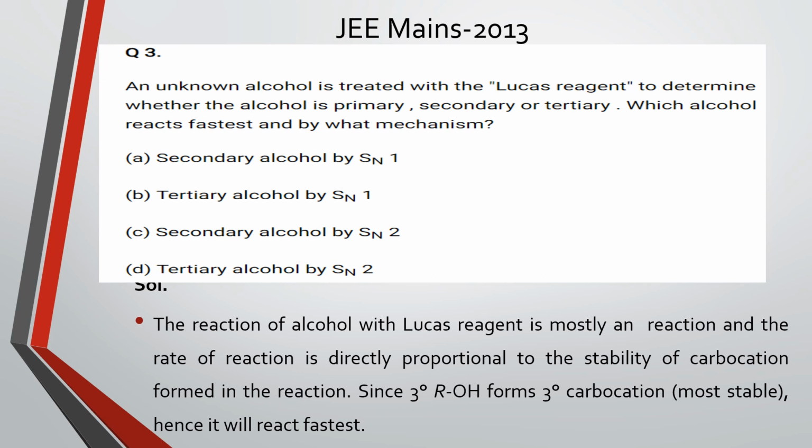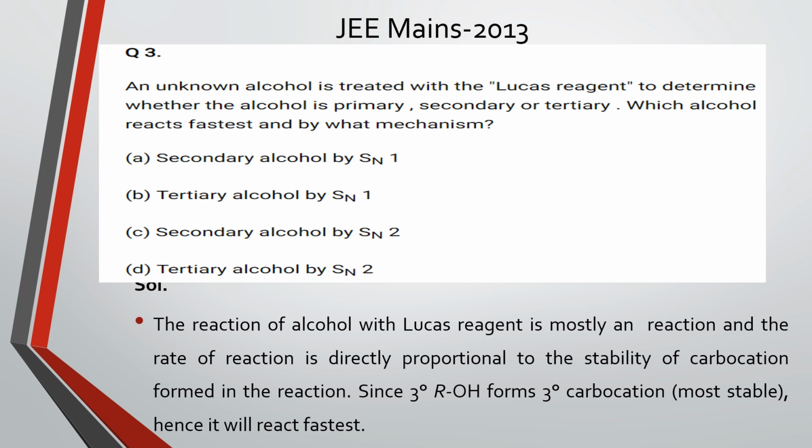Since we know that tertiary carbocations are more stable as compared to secondary, and secondary are more stable as compared to primary. Here in all the four options, two types of carbocations are formed. That is, secondary alcohol will give you secondary carbocation, and tertiary alcohol will give you tertiary carbocation.